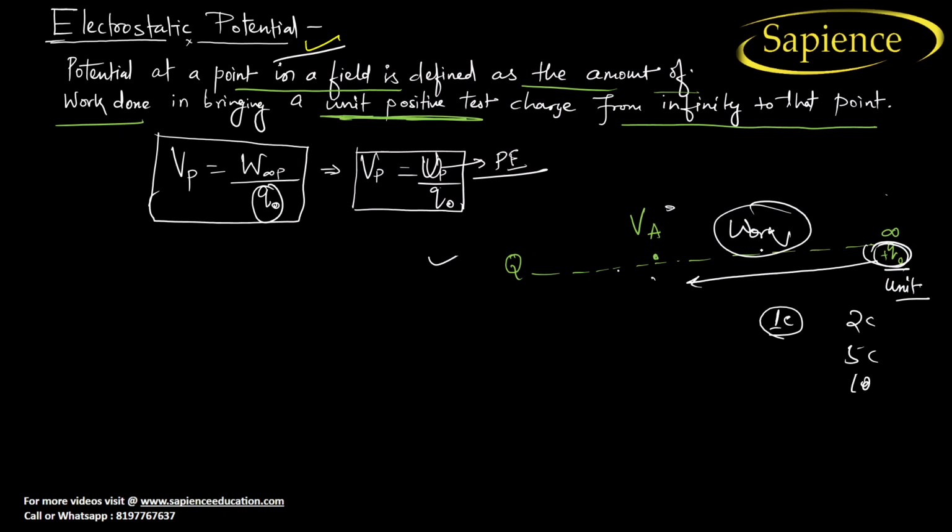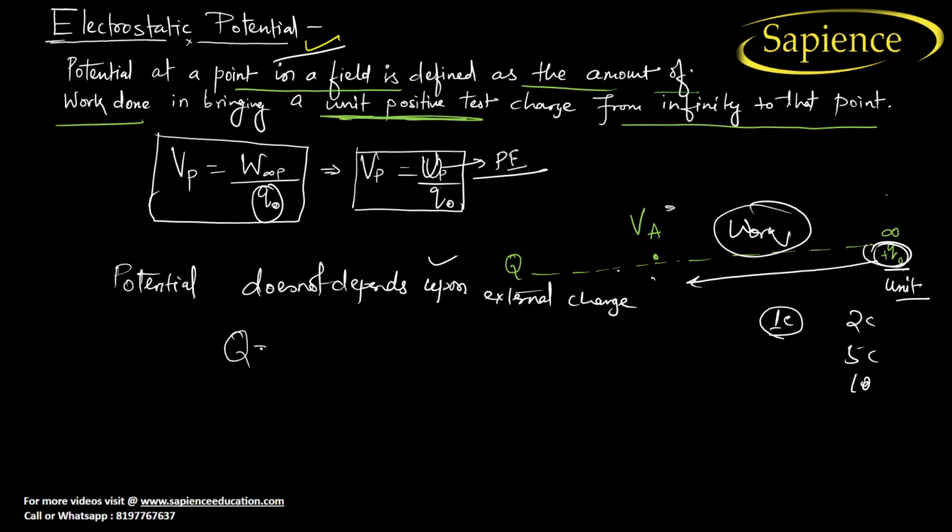Potential means capability. Potential does not depend upon the external charge. What do you mean by this? See here, no matter how much charge is external, if you want to find a potential, you have to use a unit test charge.